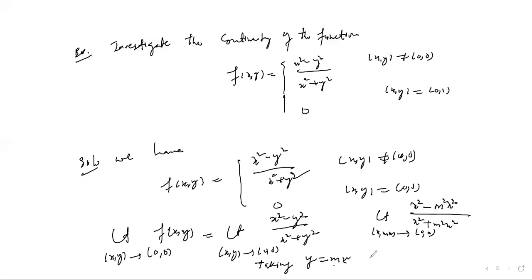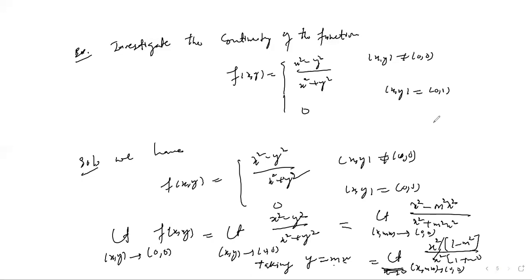Now the common factor is x square. Now there is a single variable, and m also disappears. So as x approaches 0, taking x square common we get x square times 1 minus m square divided by x square times 1 plus m square.